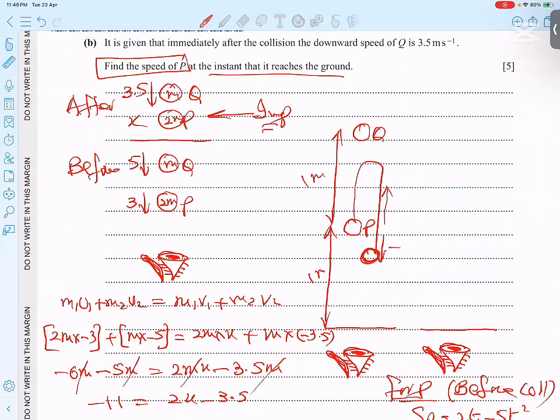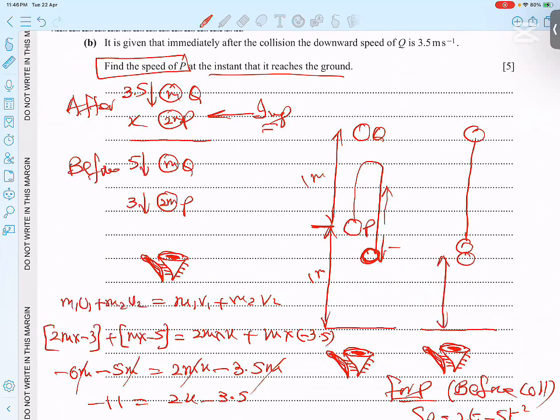So particle Q was here, Q was coming downwards, and P was here when both particles hit. Okay, they hit each other. This is a situation 1 meter below that they hit here. Actually, we assumed the collision is here, but the collision is not here. Collision is here. How do I know?